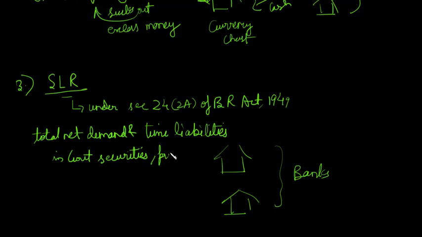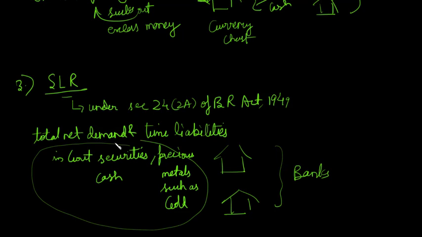Precious metals such as gold, and in cash also. And they have to keep these securities, precious metals and approved securities with themselves, not with RBI.